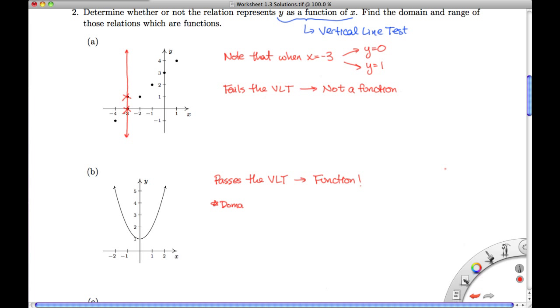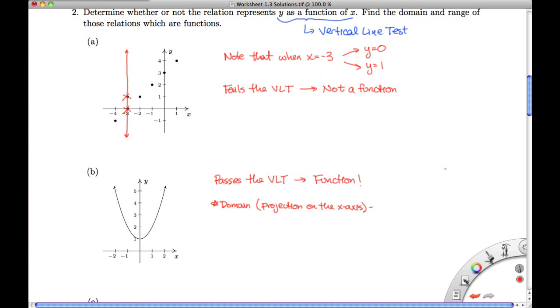Now we talked about domain in the first problem as sort of the set of all the x coordinates. Graphically, another way we could think about this is as sort of a projection on the x-axis. I'll explain what that means in a second. One way we could think about this is as if we looked at our curve and we were just taking all of the points and casting a projection, or a shadow, of it onto the x-axis.